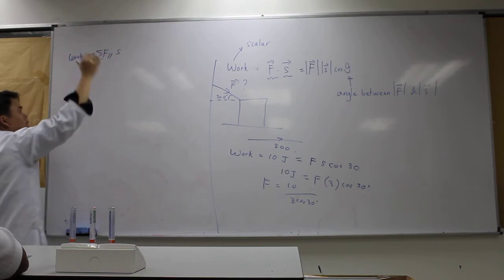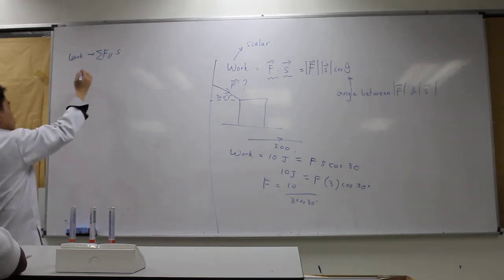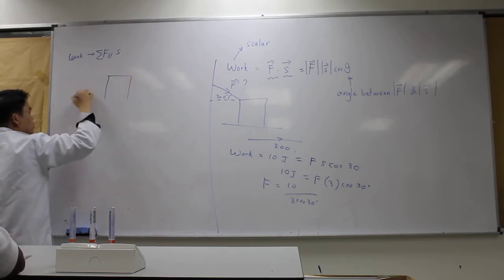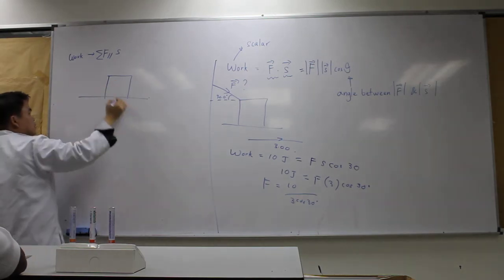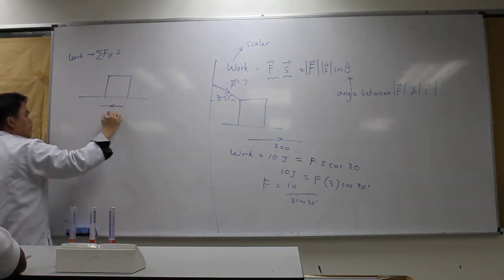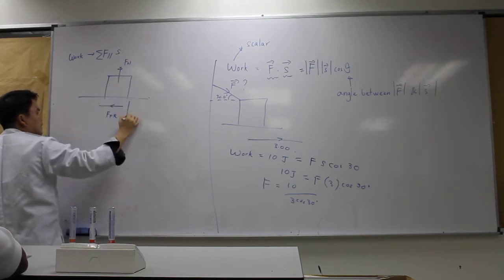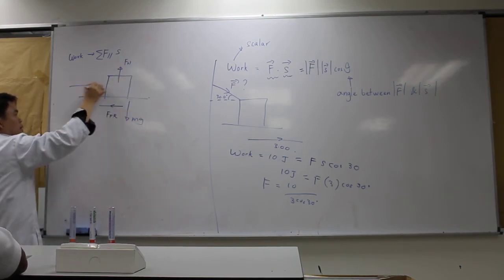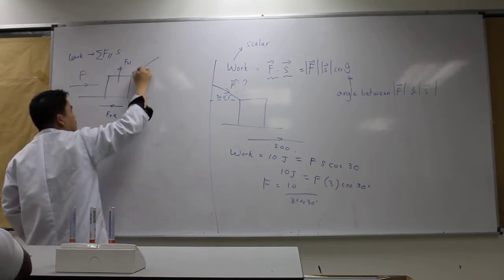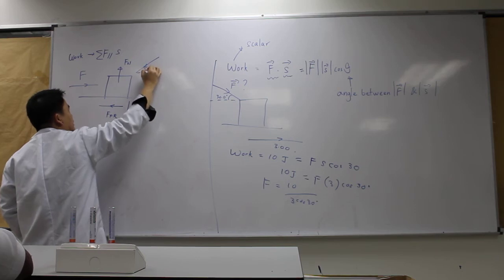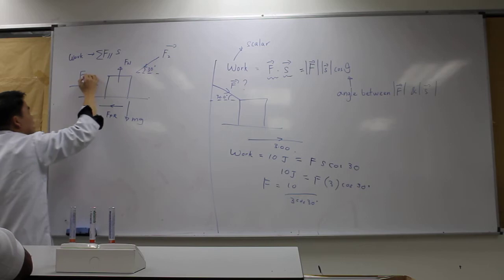If I give you this mass, let's say there is a frictional force, a normal force, and mg or weight, and you apply a force here. Somebody presses at 30 degrees, something like this. Sorry, let me define this as F2, and this as F1.